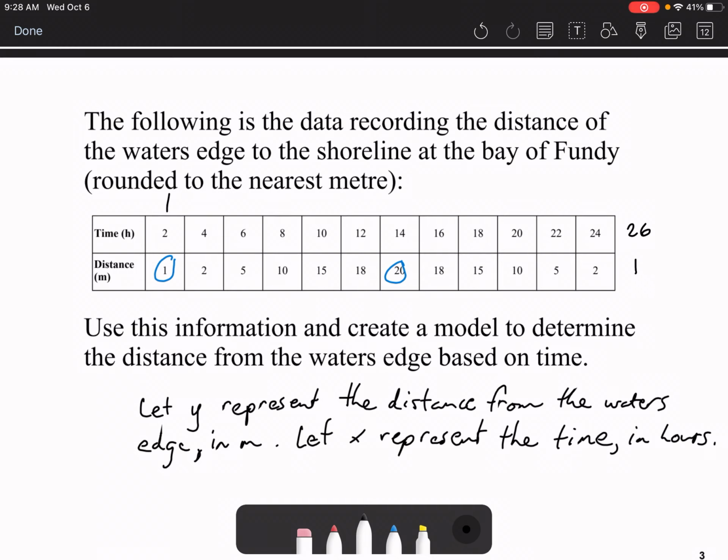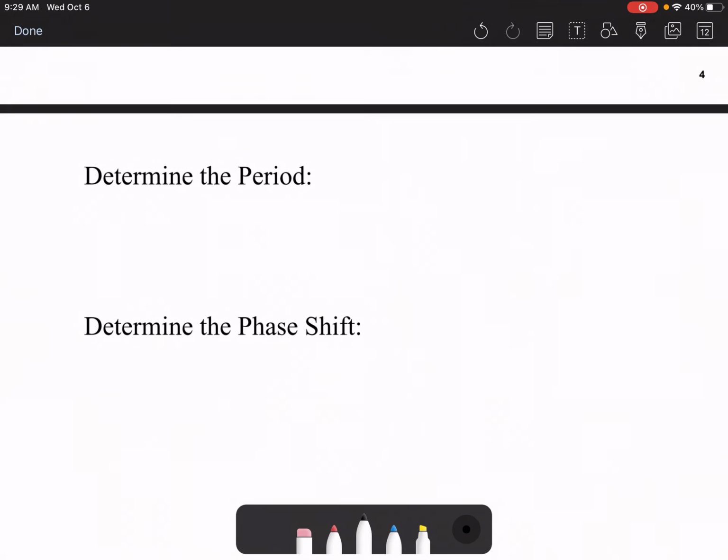So there we have a period of 24 hours. Now that we have our period of 24 hours, we can figure out our value for k by taking 2 pi and dividing by 24.